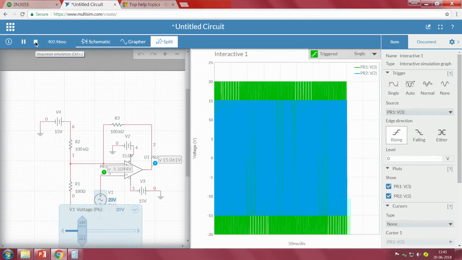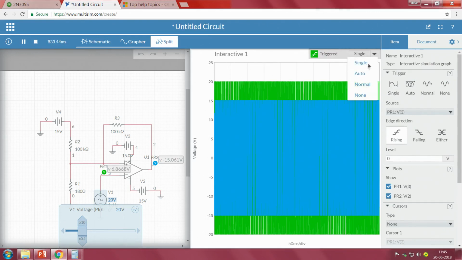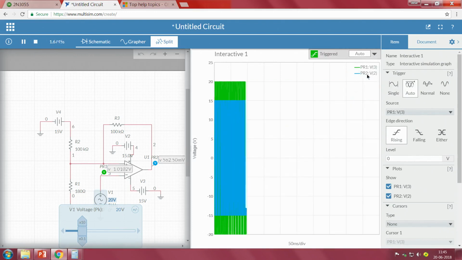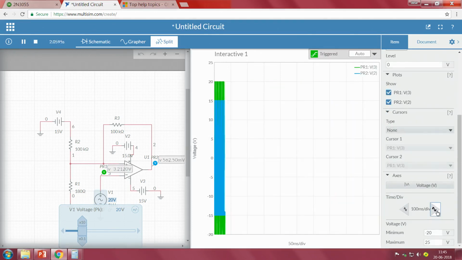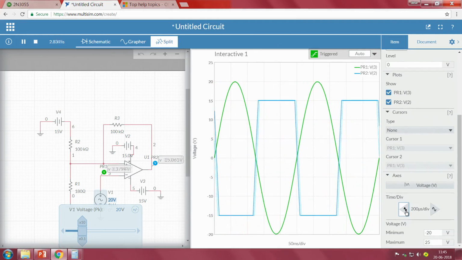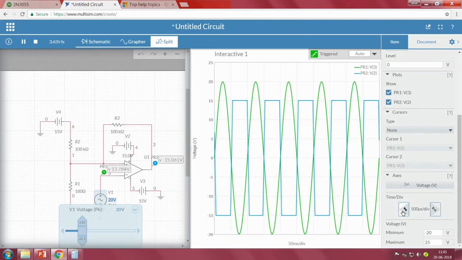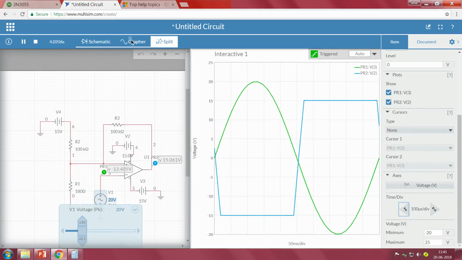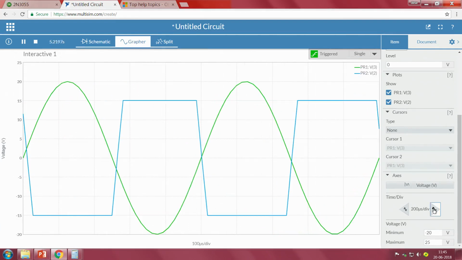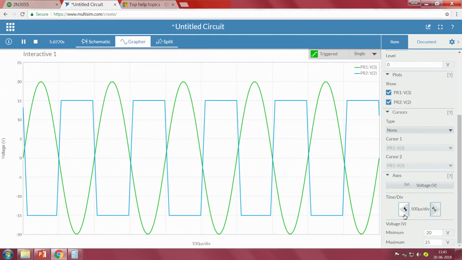Now, if I zoom the system, let me go to the grapher. So, how do we understand this? Let me make it a single plot.